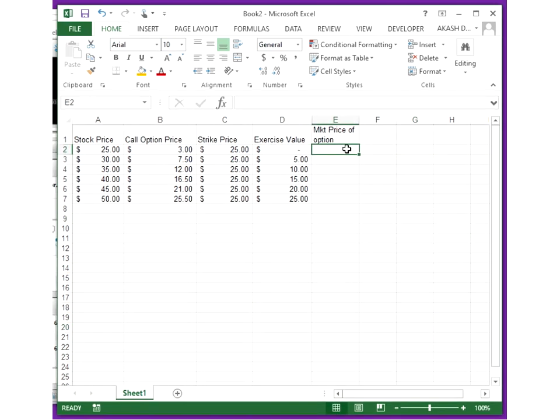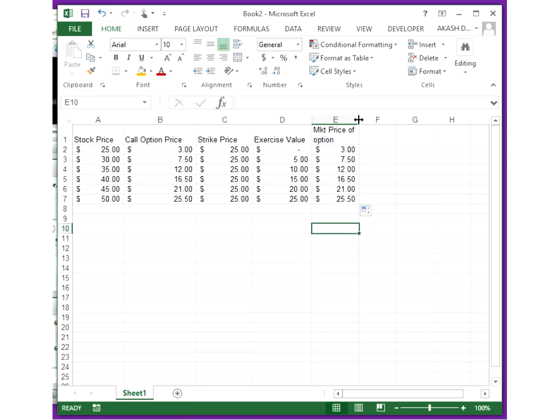All right, so this would be the call option price, which we had just covered.